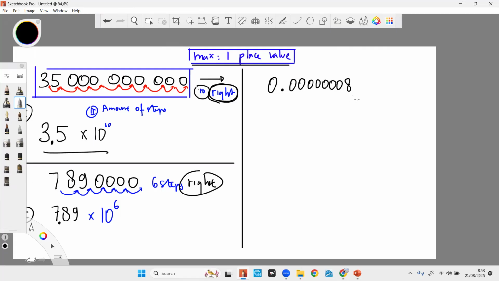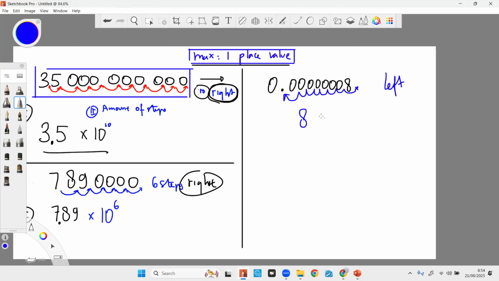Again, put the number in maximum one place value. What's the number? 8 only. Now, the decimal of 8 is always on the right side of 8. You go the decimal to the left. How many times? 1, 2, in between the number. 3, 4, 5, 6, 7, 8.